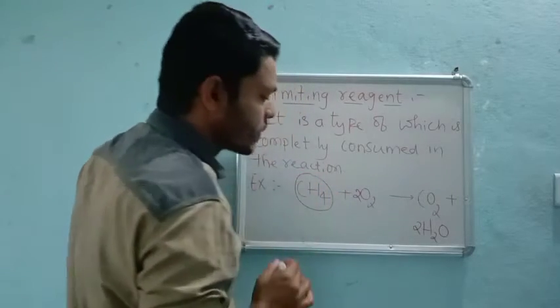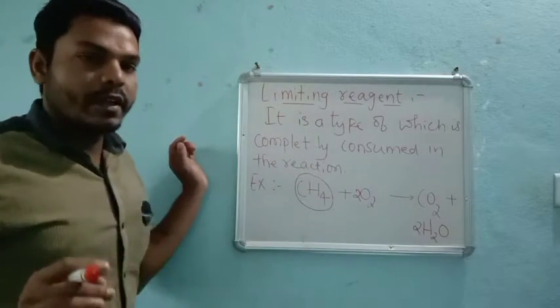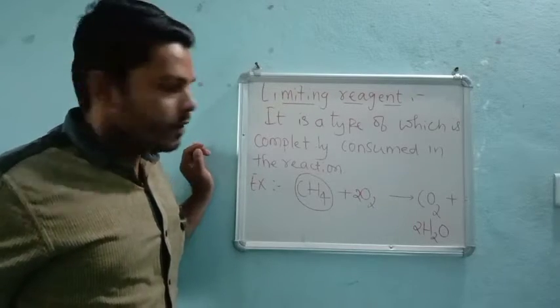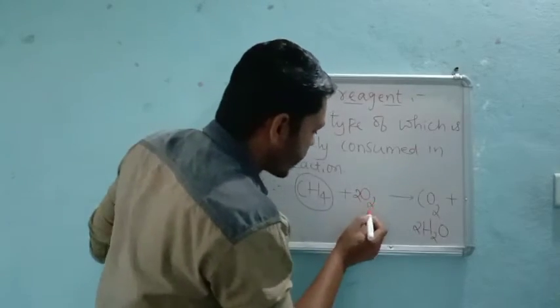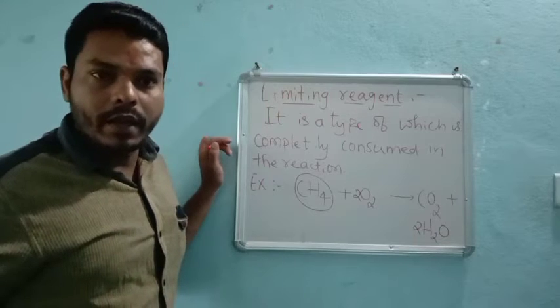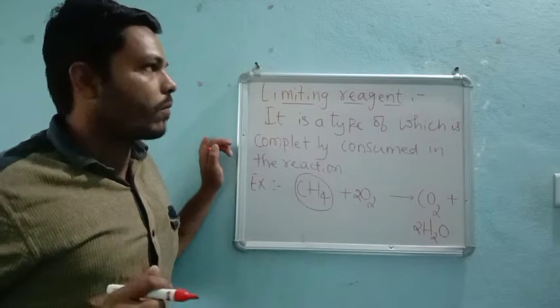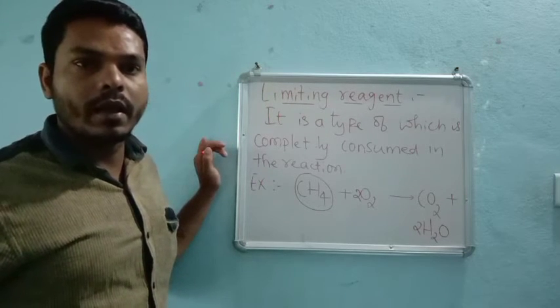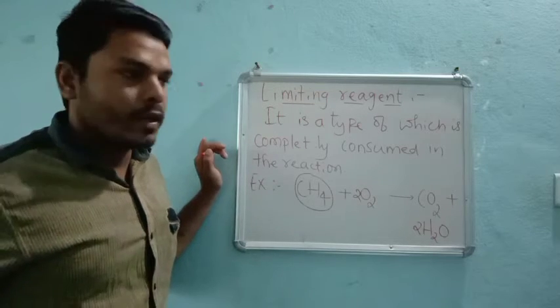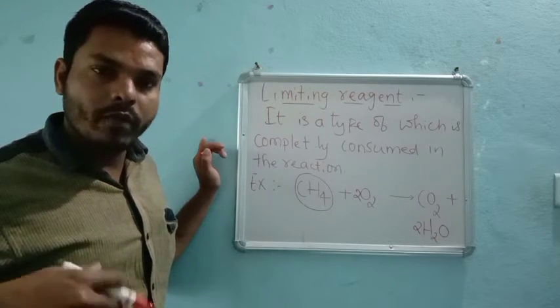Why? Because oxygen is present in excess amount in the air. We took the oxygen from the air, and in the air, oxygen is more. So oxygen we will get from the air itself.